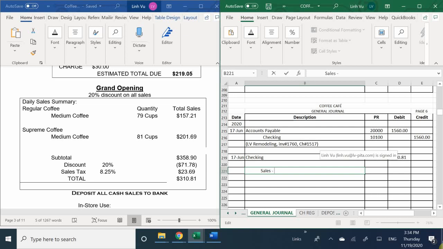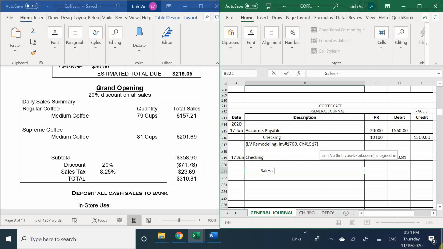Okay, so remember when I mentioned above, I have two types of sales, right? I have one where I'm making coffee and I'm making them via sizes. So I have medium coffee cups, right? And then I sell coffee as a wholesale by selling by pound.